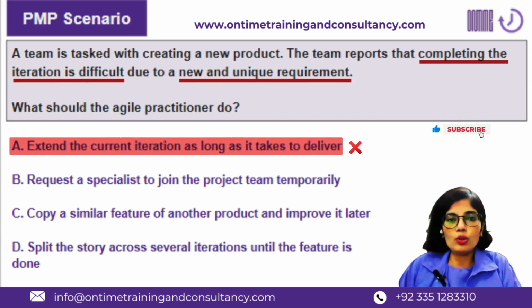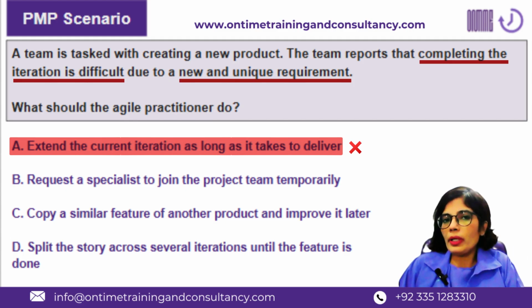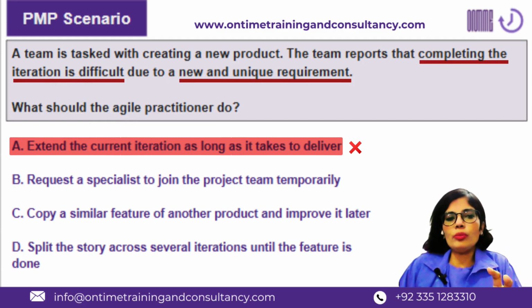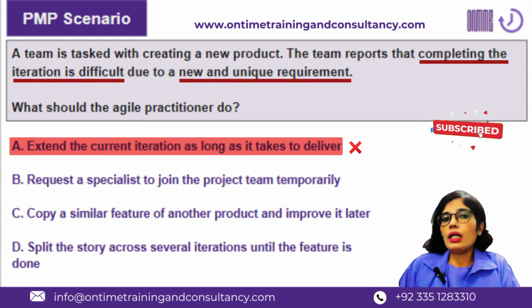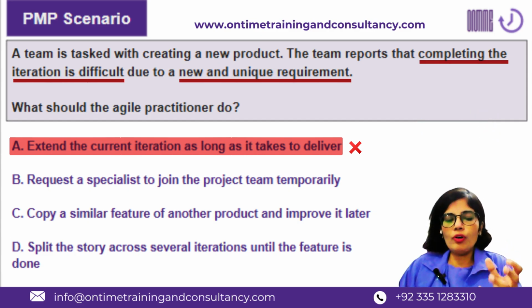This is not the right thing to do because this is an iteration based agile implementation, and there's a mention of iteration in the question, and in iteration based agile we are expected to keep the sprint length constant so that the team performance via team velocity and other KPIs is a true representation of their work and their rate, right? So extending the current iteration is not the actual solution to this cause and the problem, right?